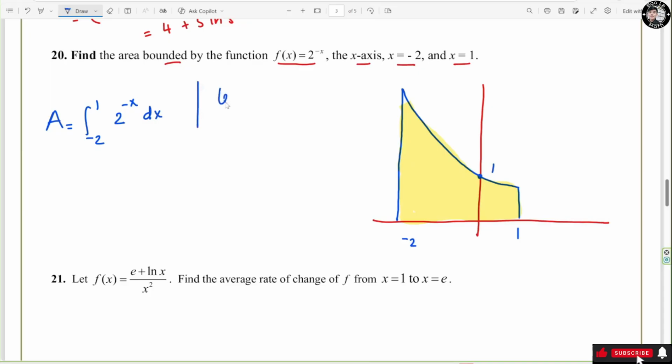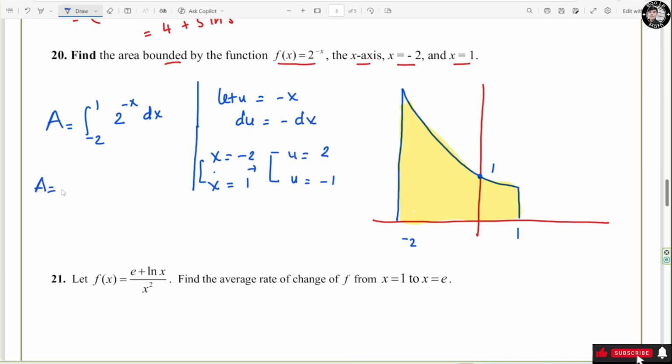We're going to let u be negative s, and then du equals negative ds. Then we need to change the lower limit and upper limit. So we have s equals negative 2 and s equals 1, so we have u equals 2 and u equals negative 1.